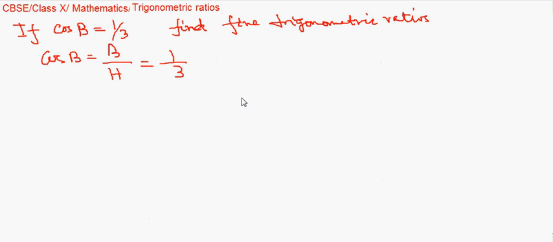Now if I draw a right triangle, because we are reading it in terms of B, I'll name this as B, so this may be C and this may be A. So cos B is base by hypotenuse, this is base, this is hypotenuse given, so we can first find AC.